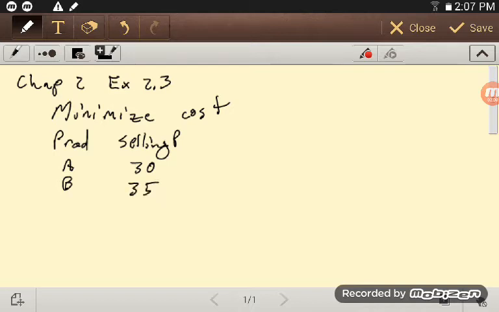And then we have a variable cost per unit, so that means with every unit we have to spend that much. So variable cost is 16 and 18. And then a fixed cost, now see, this is interesting.